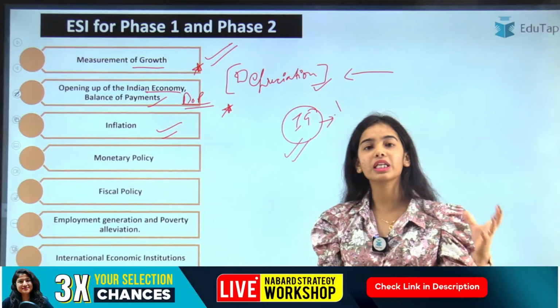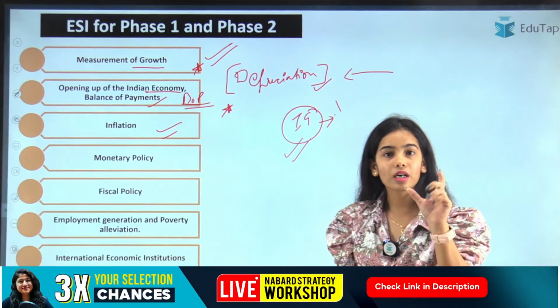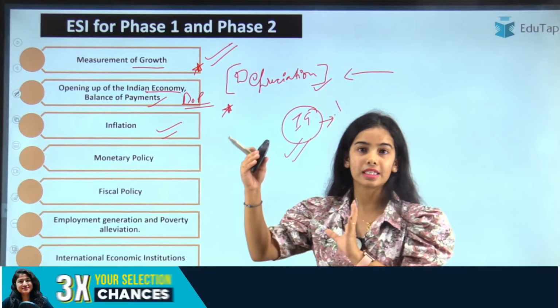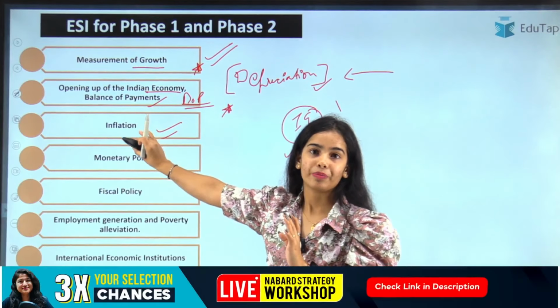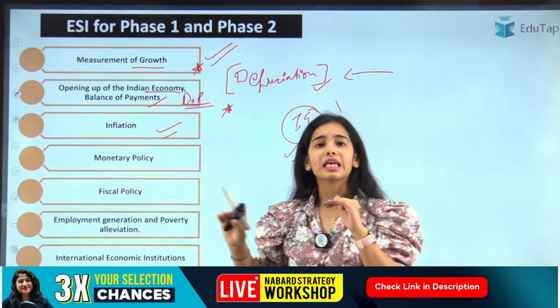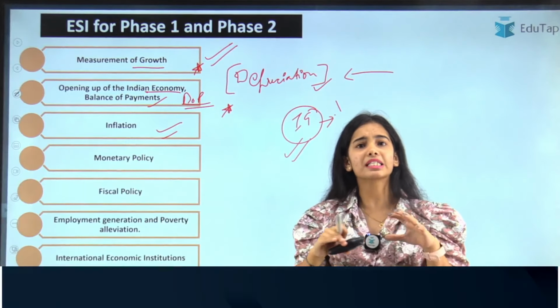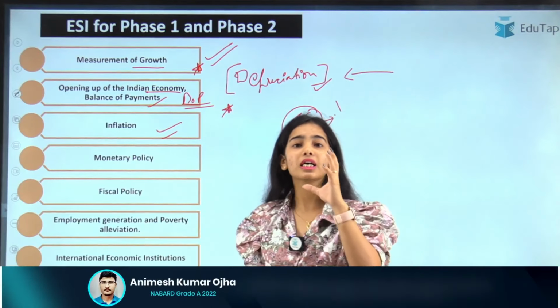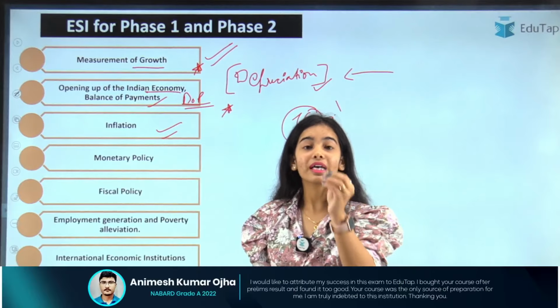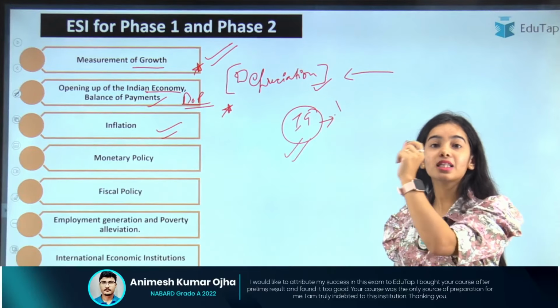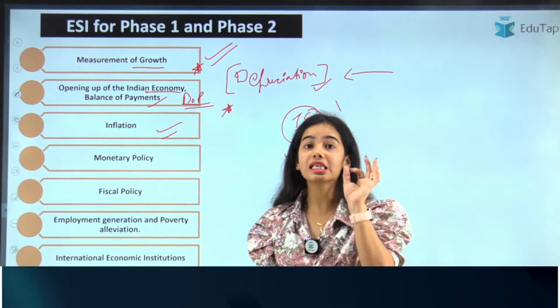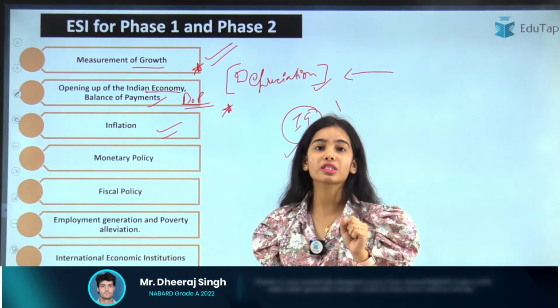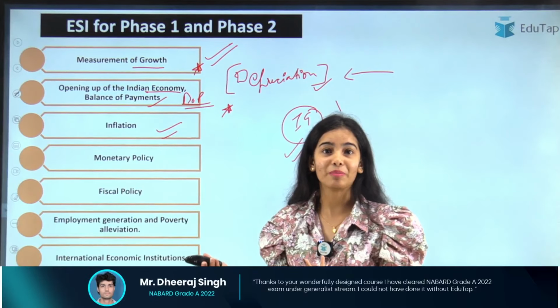In the previous year only, there was a question regarding the upper tolerance limit of the CPI inflation. So see, even with the basic understanding, the basic knowledge, you will be able to answer the questions. That's why these are the important chapters and you need the basic understanding, because if you are going to leave the easy questions now, then what questions are you going to attempt, right?